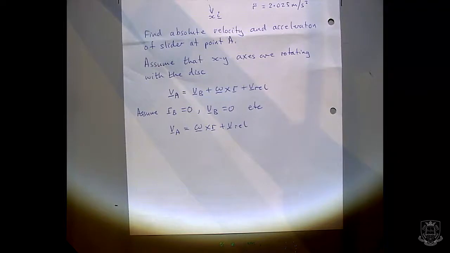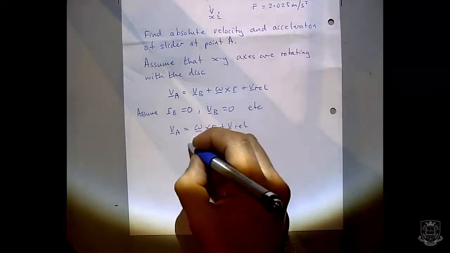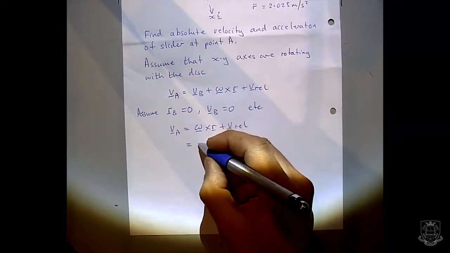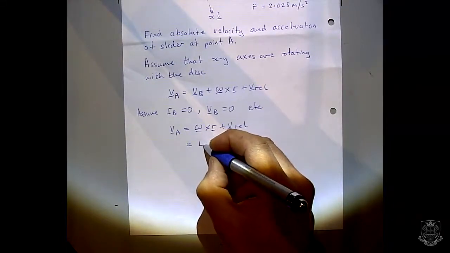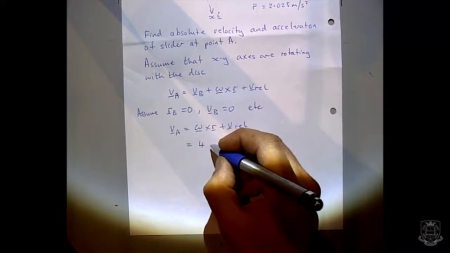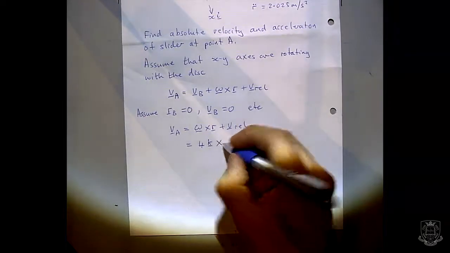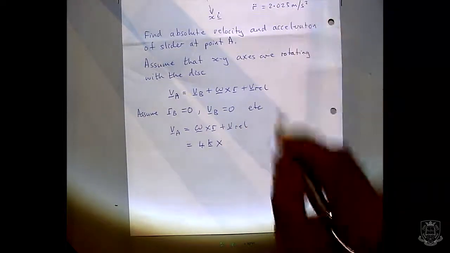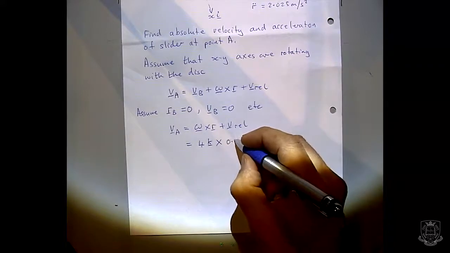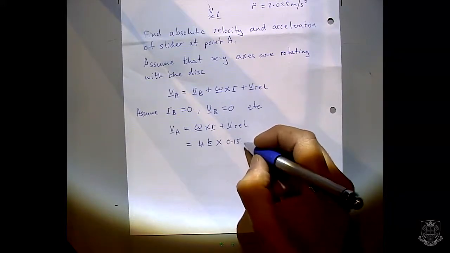So how are we going to do that? We need to use the quantities we're given and turn them into vectors. Omega the vector is equal to 4 radians per second times k: we take the scalar value, 4 radians per second, and multiply it by the k vector. Then we do the cross product with r. The scalar value of r is 0.15 meters, in the I direction.